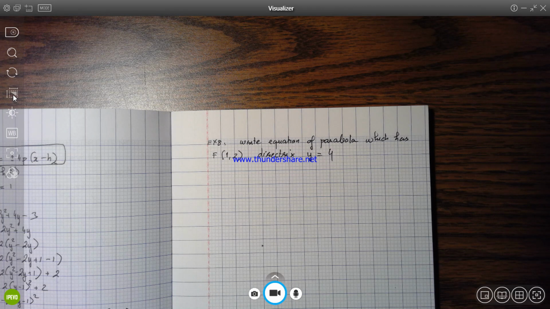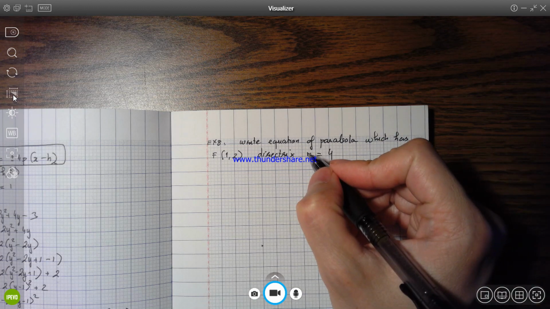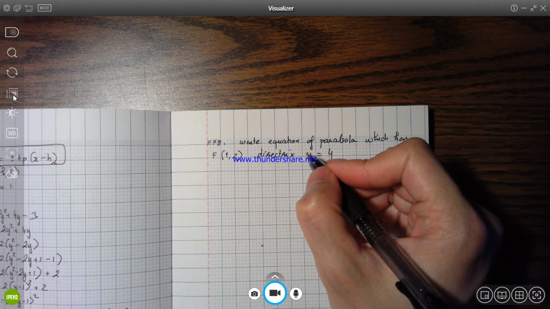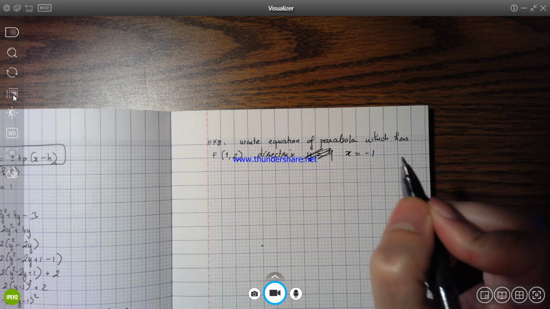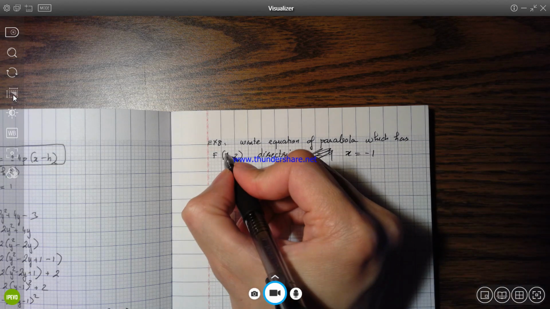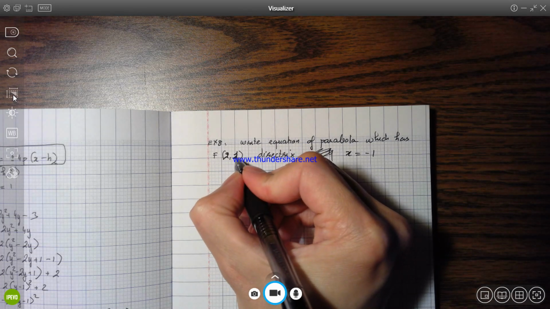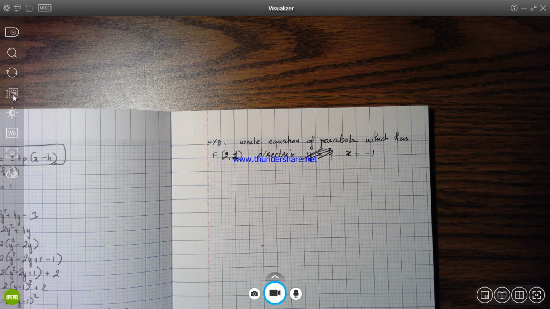Let me see. I think I'm going to change it later, so with directrix x equals -1, and I'm going to change the focus to (2, 1). Okay.